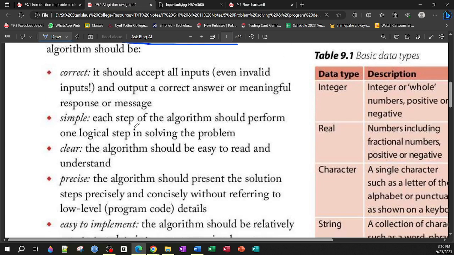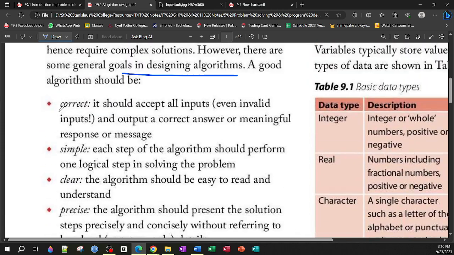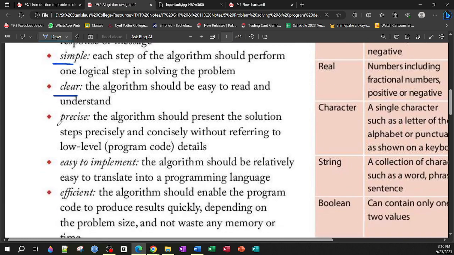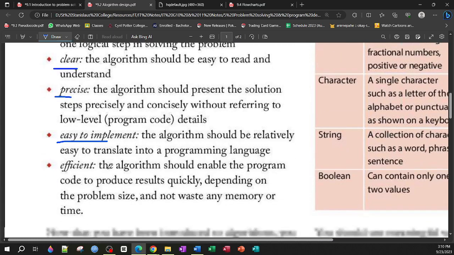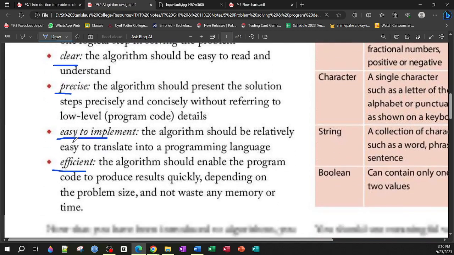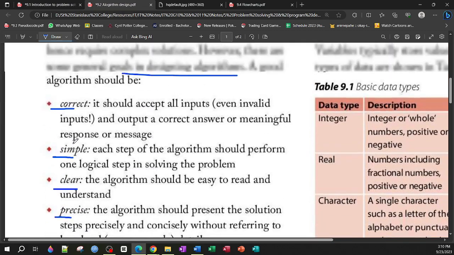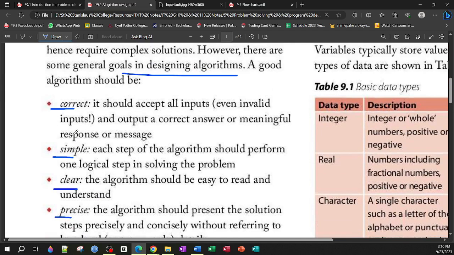Now, the following are some characteristics of good algorithm design: being correct, being simple, clear, precise, easy to implement, and efficient. Those are the six characteristics of a good algorithm.